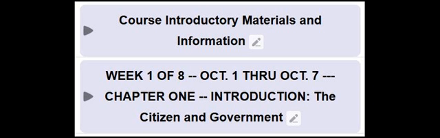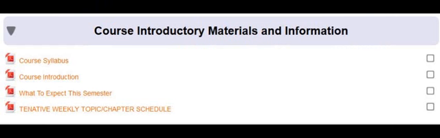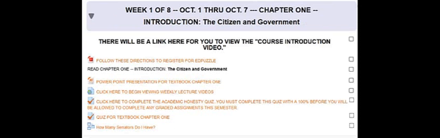The first block will say Course Introductory Material, and in that block, you'll find things like the syllabus, the documents that I've already referred to, what to expect this semester, the weekly schedule, those types of things. Underneath that, you'll see a series of blocks that say week 1 of 8, week 2 of 8, week 3 of 8. Right now, you're only going to see week 1 of 8 because it's the only one that you need to be working on at this time.